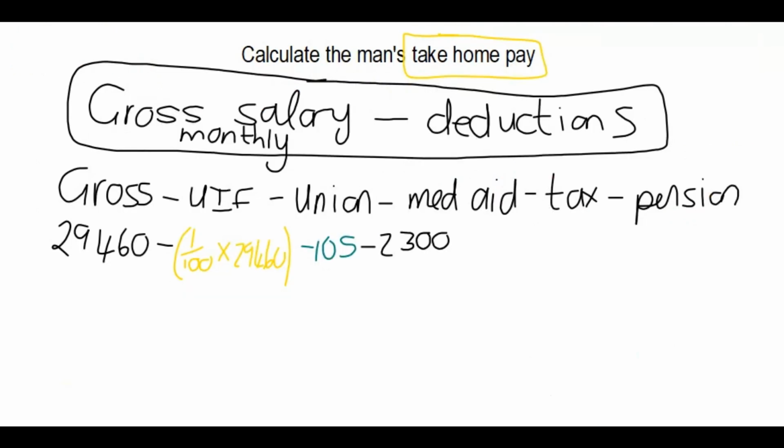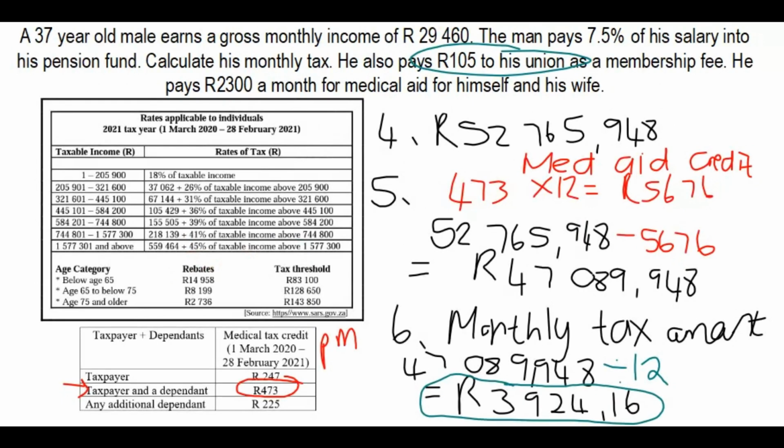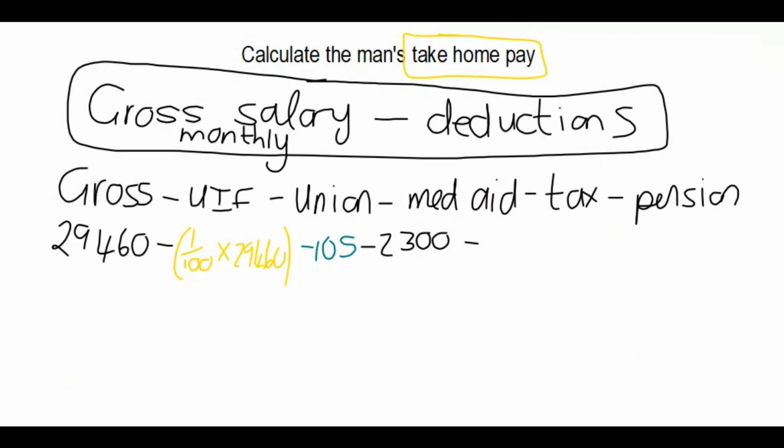The tax amount we just worked out, it's this bottom blue one, 3,924.16. And the pension is 7.5%. So it's 7.5 over 100 then of his gross salary, which is 29,460.